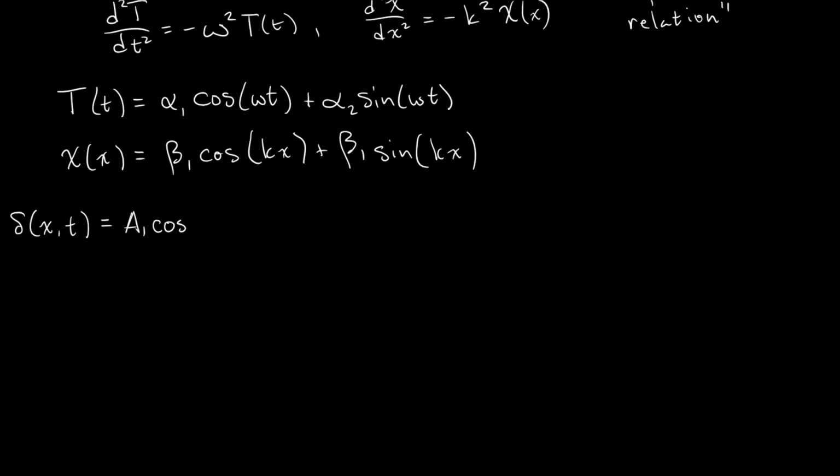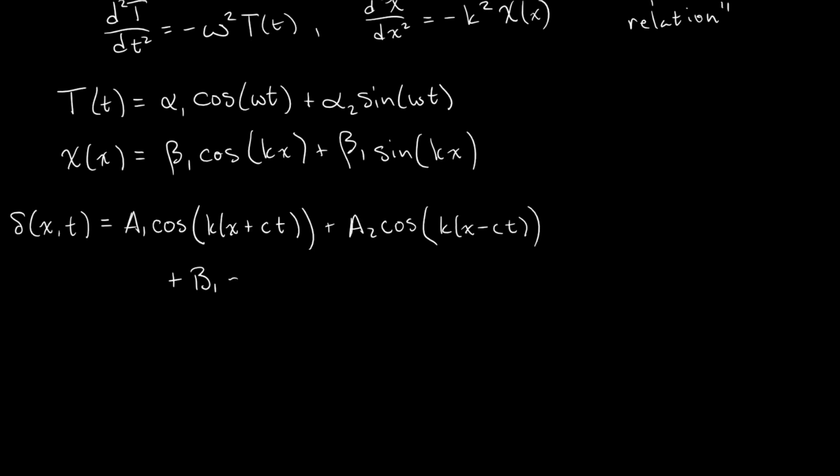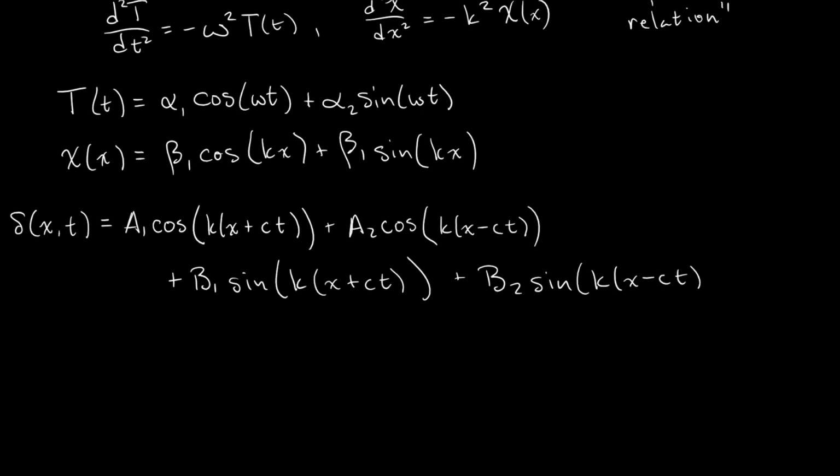This is going to be something like a1 cosine of k(x plus ct), plus a2 cosine of k(x minus ct), plus b1 sine of k(x plus ct), plus b2 sine of k(x minus ct). That's our general solution.